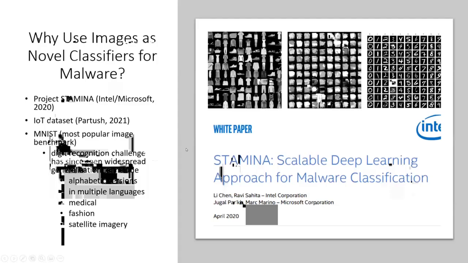So why would you want to do what is essentially already an abstract problem in bytes? Why would you want to do that in images? Well, really the motivation in April of 2020, this paper was produced by Intel and Microsoft, and it's a project they call Stamina, which is scalable deep learning for malware classification. Obviously, Intel and Microsoft, it's mainly at the operating system level and not the Internet of Things, but they're looking for viruses.